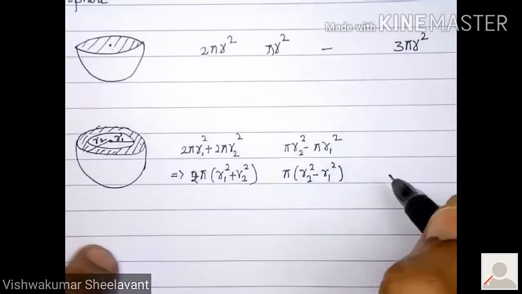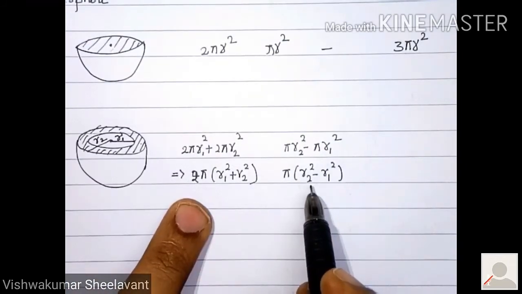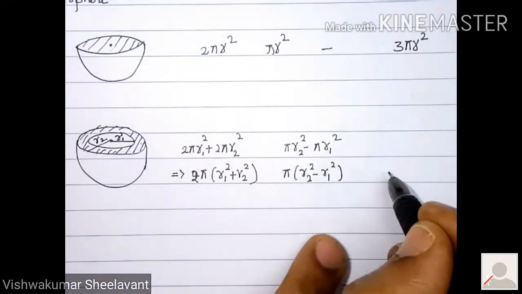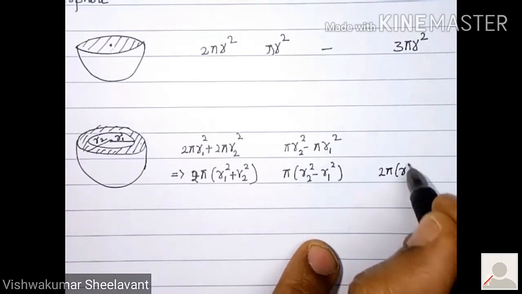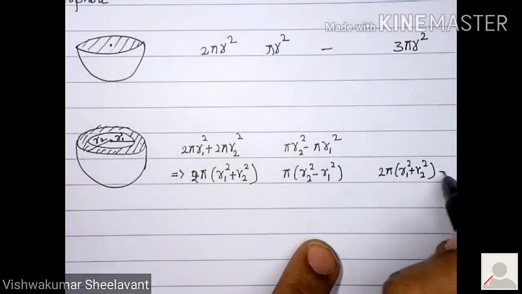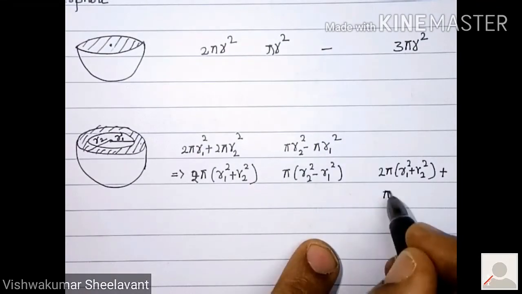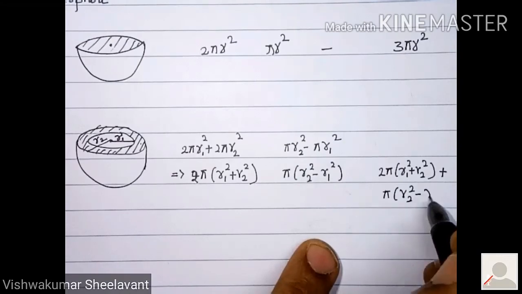Then what is TSA? TSA is CSA plus top area, that is 2 pi into the bracket R1 square plus R2 square plus pi into the bracket R2 square minus R1 square.